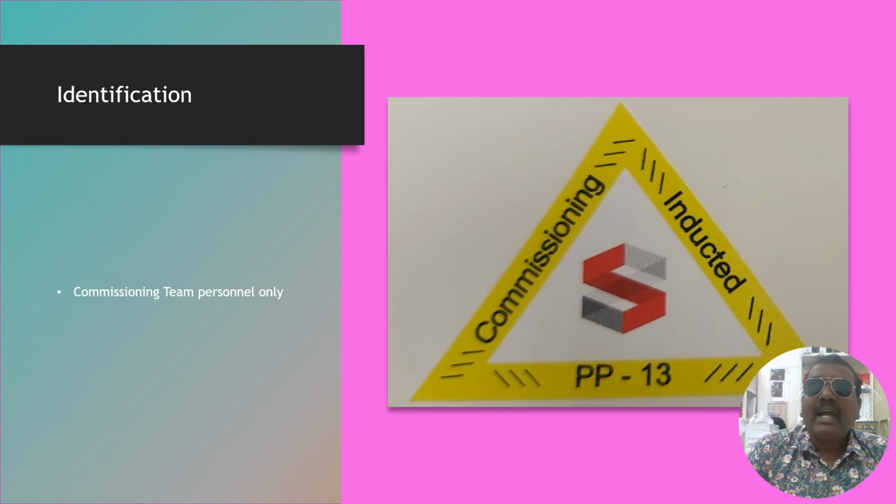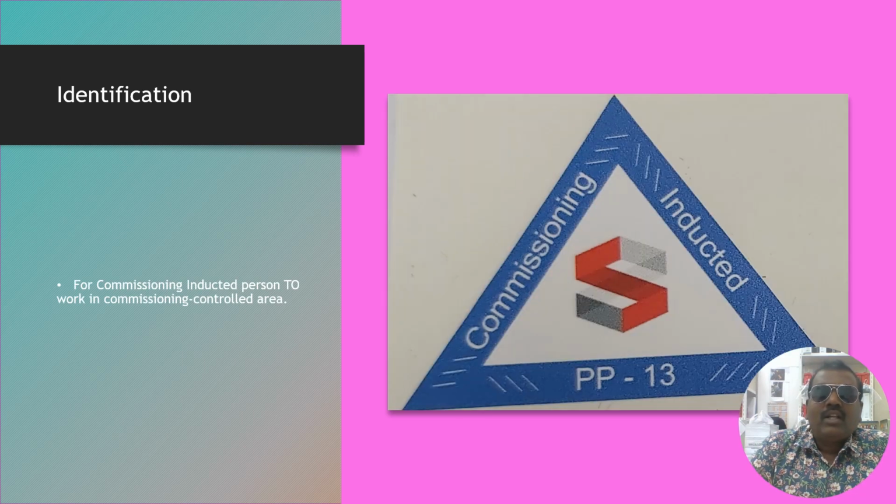So we can give some identifications. If he belongs to the commissioning team, he can have a unique sticker color. If he is authorized to enter the commissioning zone, he can also have a different kind of sticker color.